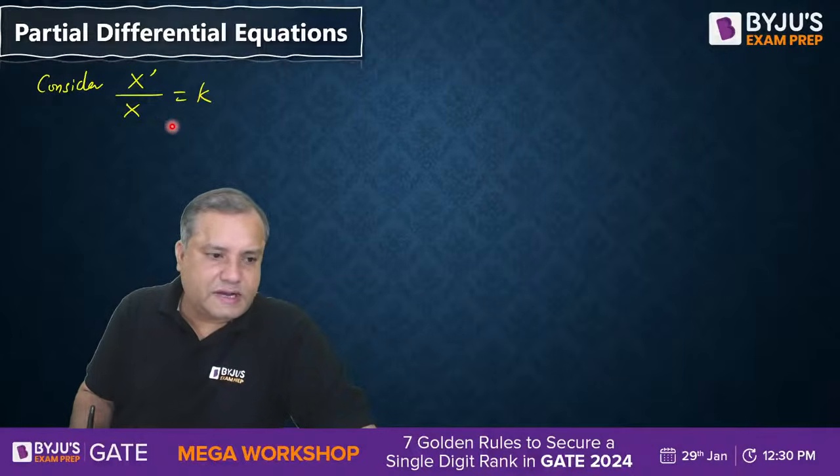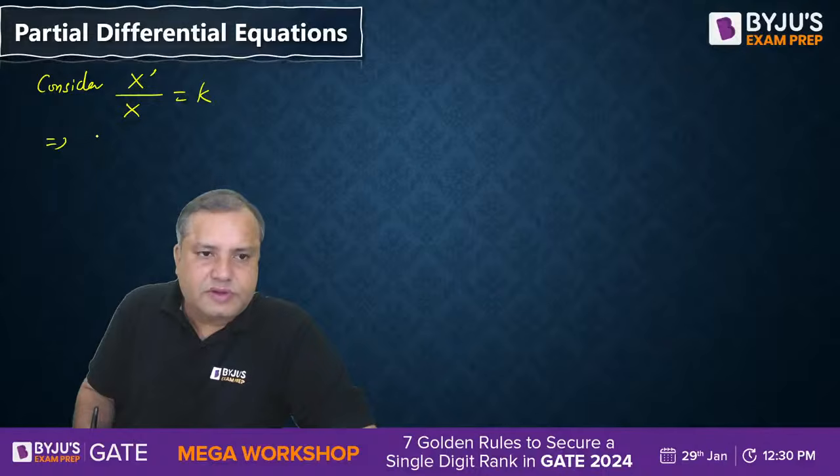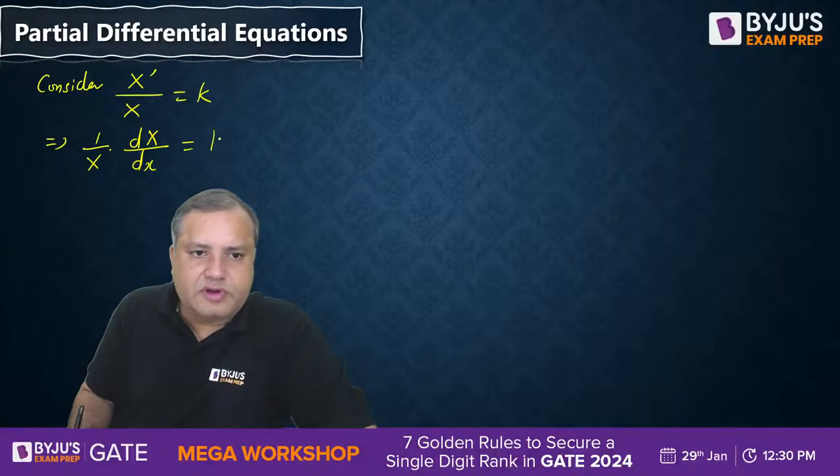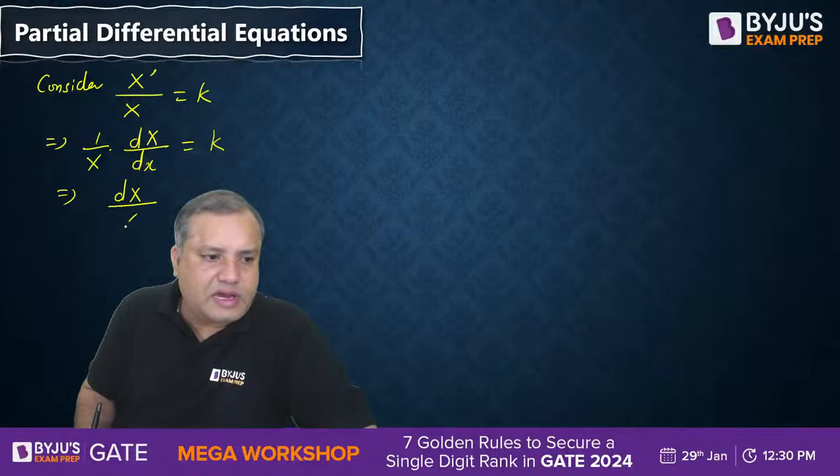Okay, yes sir. So students, 1 upon capital X aside, X dash is dX upon d small x. This is the value of X dash equal to k. Now dX upon capital X equal to k dx. Now integrate both sides.